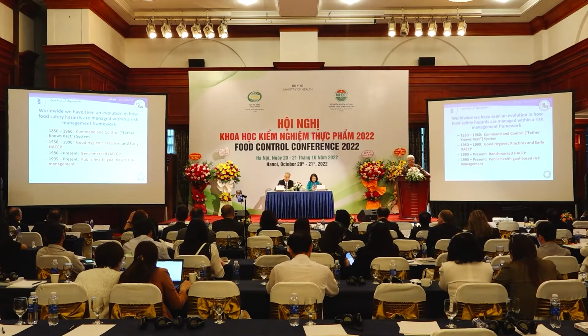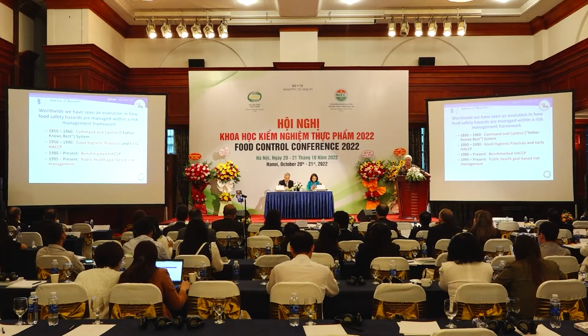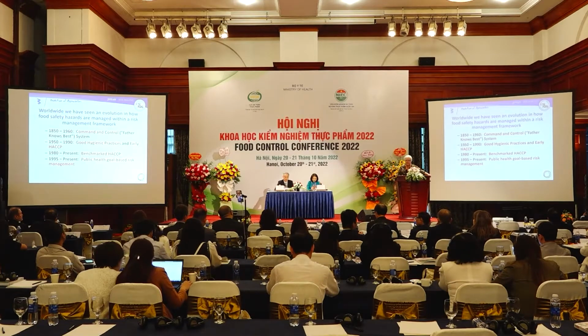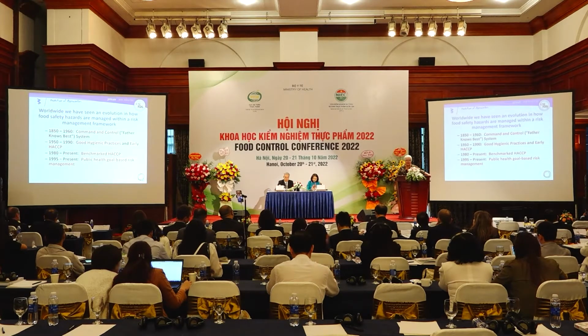And it wasn't until the 1960s to the 1990s that we see a movement towards good hygienic practices and the early movement towards HACCP. In the 1980s to basically the present, we have a lot of benchmarking of the HACCP process, particularly by the private sector. But from 1995 to the present, we see the movement towards a public goal-based risk management process.